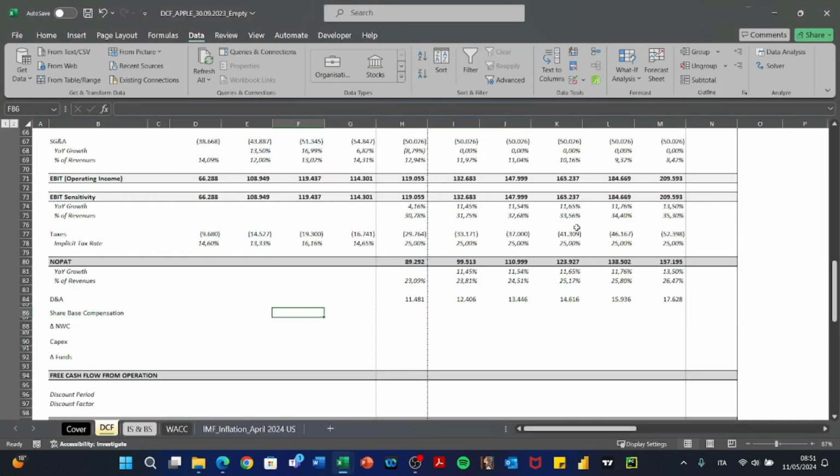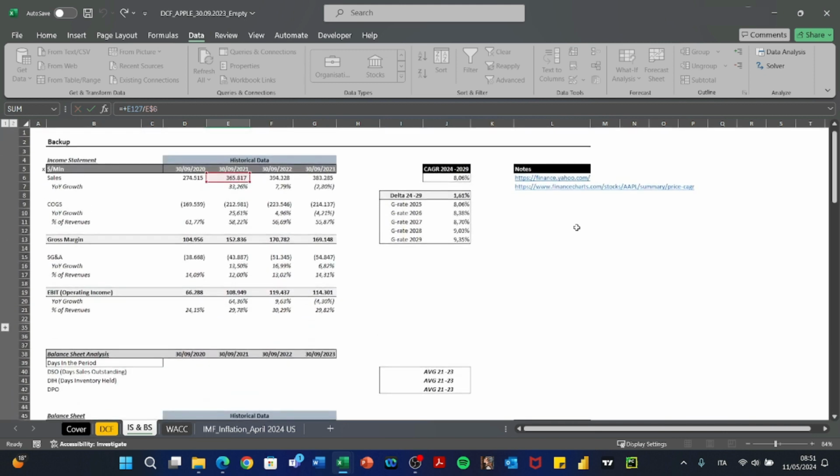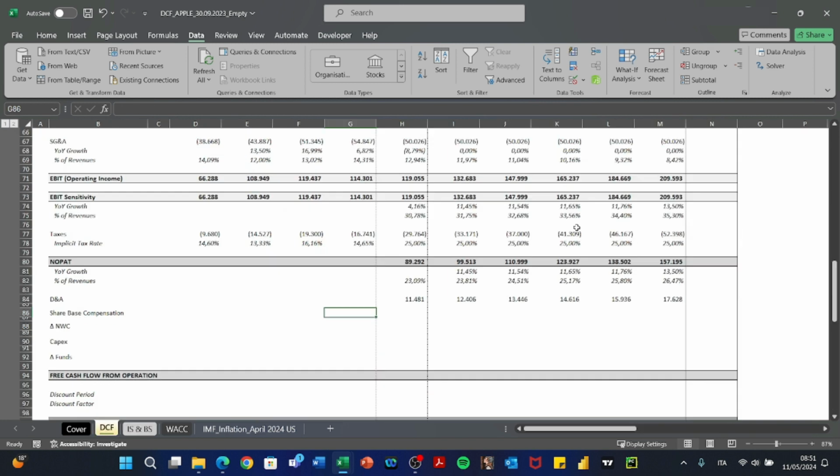So about share-based compensation, I did the same thing as the revenues. As you can see, I decided to model it exactly in the same way, which means that I've computed the incidence of the share-based compensation expense over the revenue for the past 3 years. And let me do the same thing.